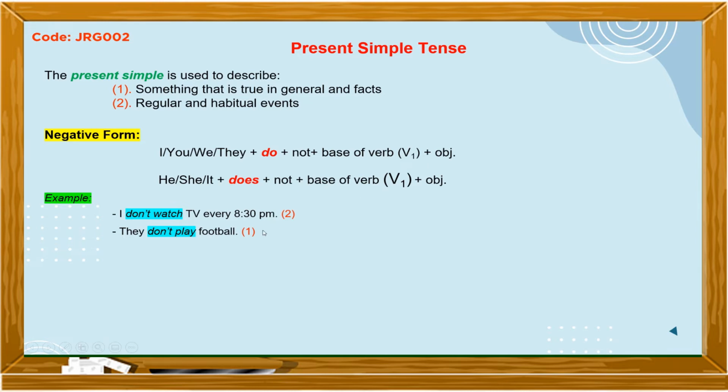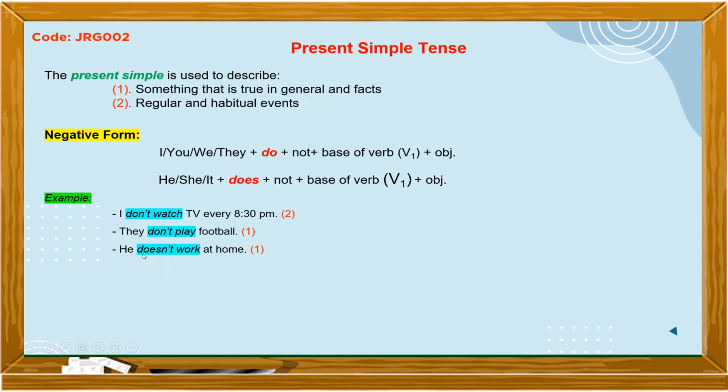Let's move to example number 3. So example number 3: he doesn't work at home. Okay, he doesn't work at home. In example number 3 here, I follow form number 2, because I use the subject he, like you can see here, followed by does, here does not. Sorry, this one is doesn't.